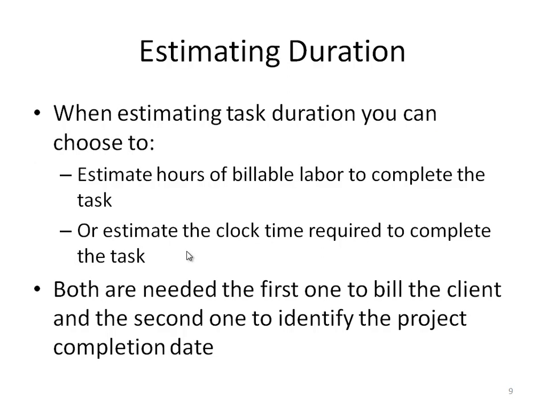When estimating task duration, we can either estimate hours of billable labor to complete the task or estimate the clock time required to complete the task. Actually, both are needed. The first one to bill the client and the second one to identify the project completion date.